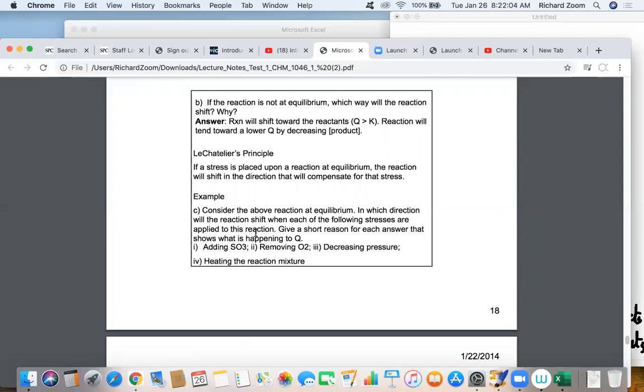So let's take a look. We've got adding SO3, removing O2, so adding a product, removing a reactant, decreasing the pressure of the vessel, or heating the reaction mixture. So these are the four stresses that we're going to look at for this specific reaction.